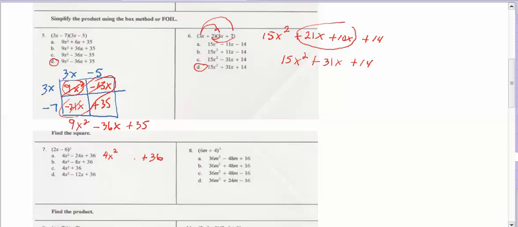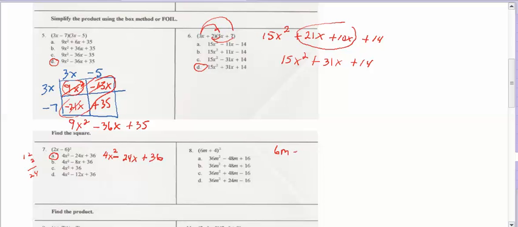It's always plus. 6 times 2 is 12. 12 times 2 is 24. So it's 24x, and the sign is negative. So I have 4x squared minus 24x plus 36. It's letter A.